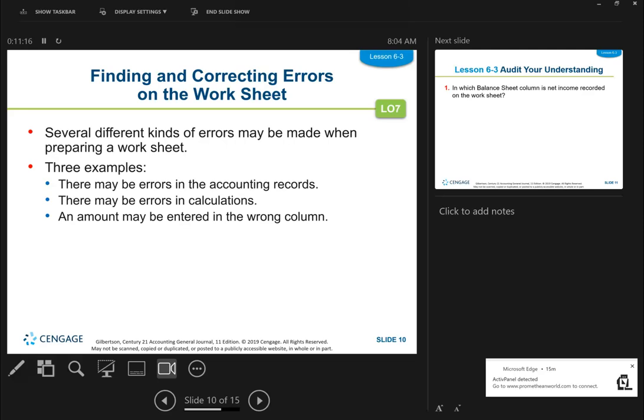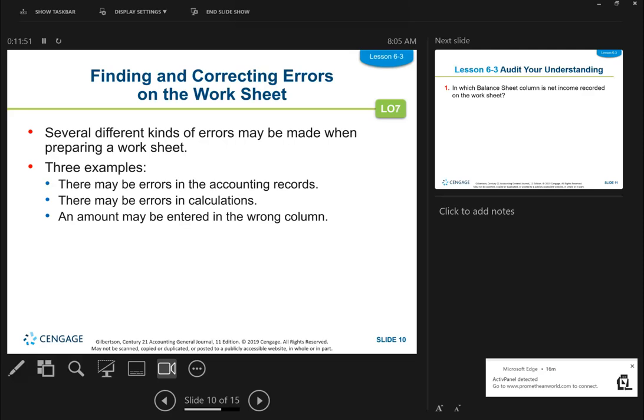All right. So when you're producing one of these worksheets, errors can occur. So examples might be errors are made in the accounting records, like we lost a receipt that we forgot to account for, or there could be errors in calculations, like you wrote down the wrong number, you added the wrong number, you misread a number, all those human error.